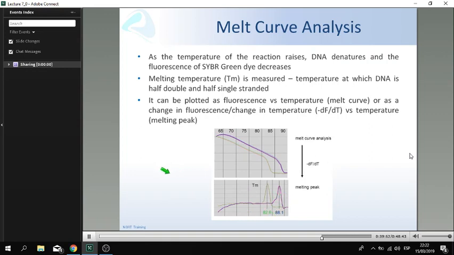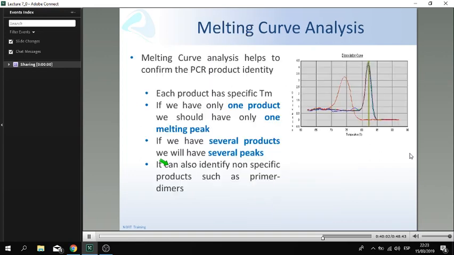This is much nicer to see visually. On the melting peaks, you can see the Tm, the temperature at which you melted half of your DNA in this melt curve analysis. And this helps us see whether we are amplifying something else, because if you're only amplifying your target DNA, you should only have one melting peak. But if you were multiplying several products, then you will have several peaks.